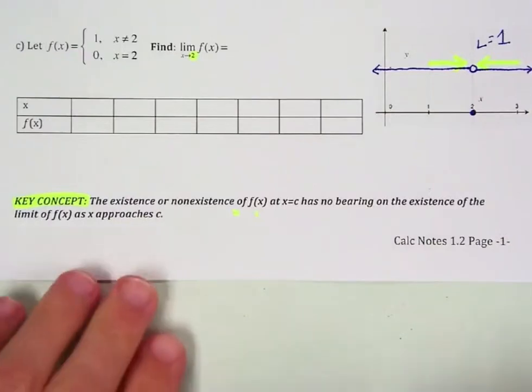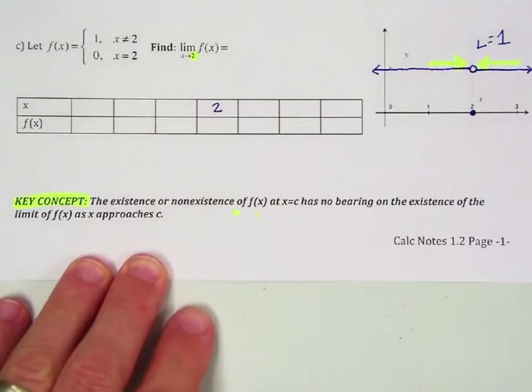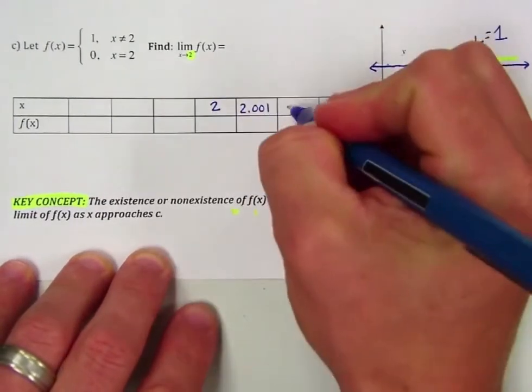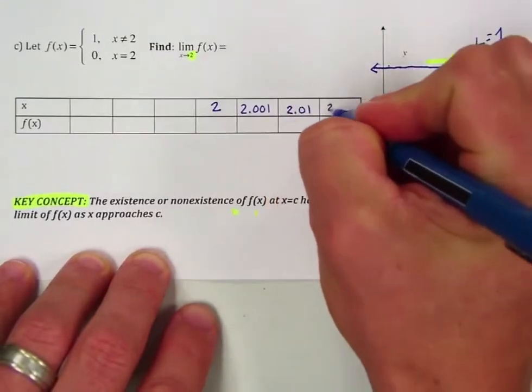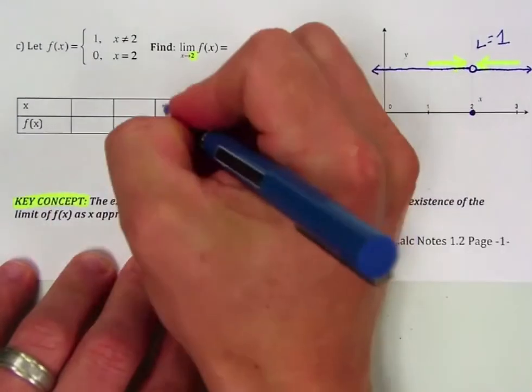If we were to try this numerically, we'll put our c value right in the center there. And we can pick some values that get larger here, and then we'll pick some values that get smaller.